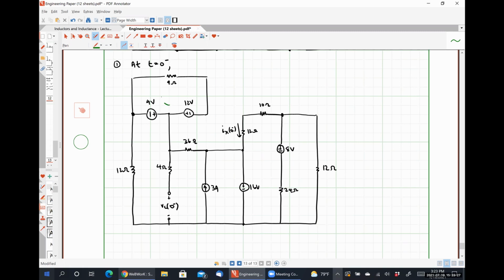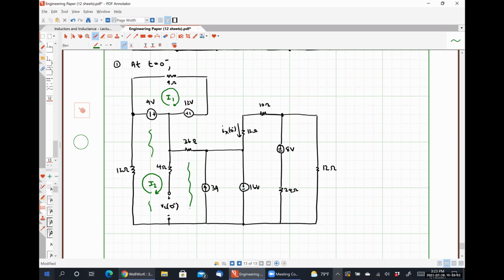So I'm going to call this guy right here mesh 1. This guy right here mesh 2. And I want to be clear here. Mesh 2 is including this loop and this guy over here to the right, and the reason why is because there's an open circuit in the middle of it.